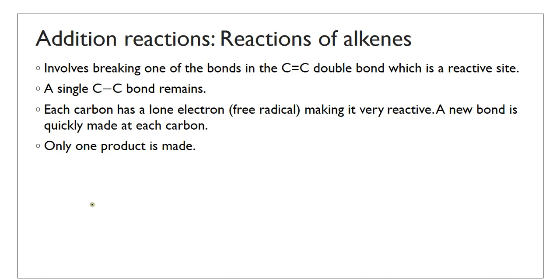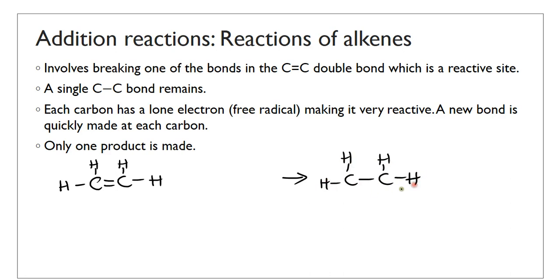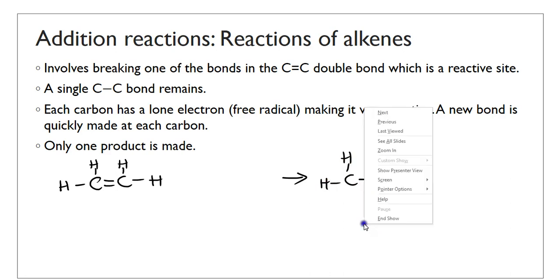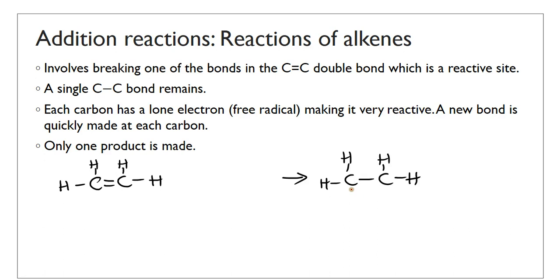And then if you break it, so let's just say I have a CC double bond, let's say this is ethene, which is the smallest alkene possible. So I have a CC double bond here. Now, if for some reason I manage to break it, so you have this. So I have broken one of the CC double bonds. Then what actually happens here is that you have created two extra vacant spots.